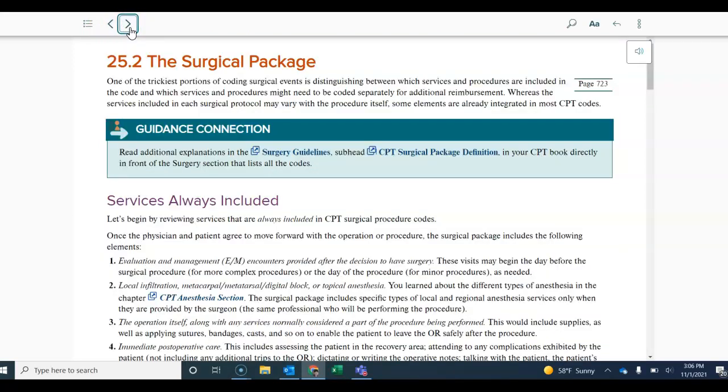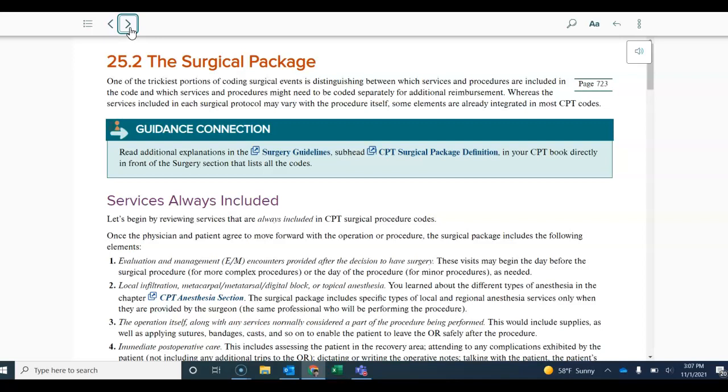So we talked about it before in the anesthesia, about the anesthesia package. If you will look on page 84, you're going to see some guidelines for the entire surgery section that apply to that list of pages from 83 to page 508.